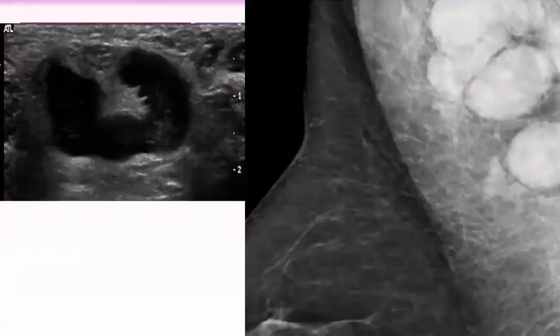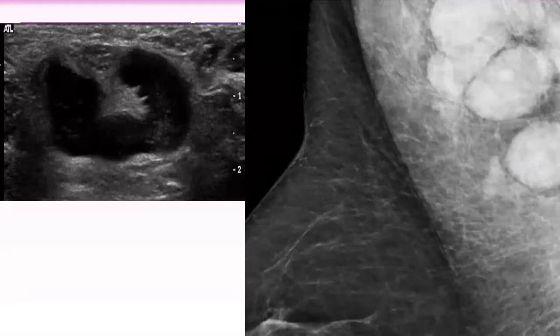Okay. What about this lymph node? The part of the mammogram shows multiple large, dense axillary lymph nodes.